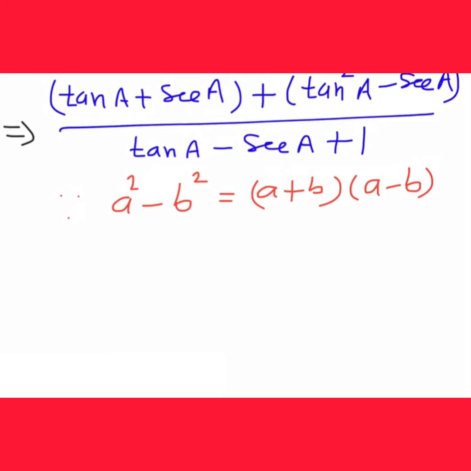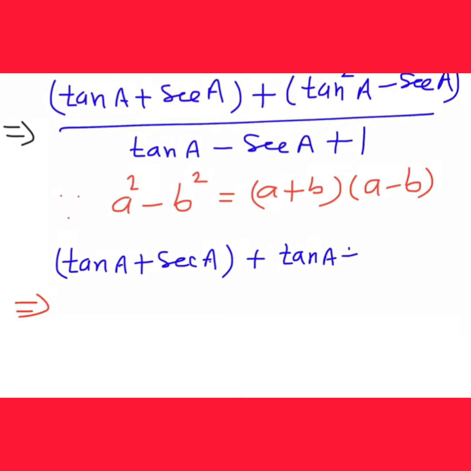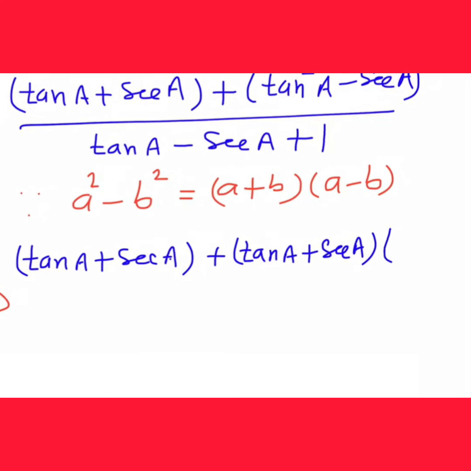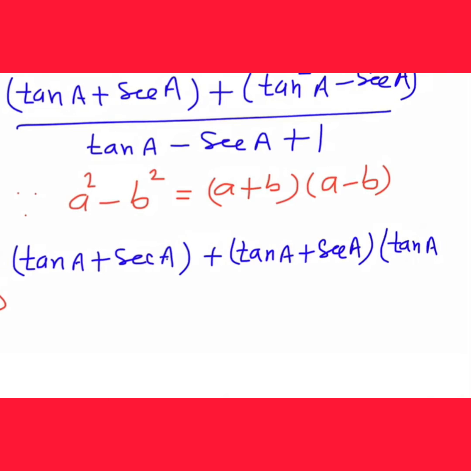What will you get? You will get very easily tan A plus sec A, this is same to same. The first bracket you will write same to same, and the second bracket is tan A plus sec A, and in the second bracket you will write tan A minus sec A. Why?